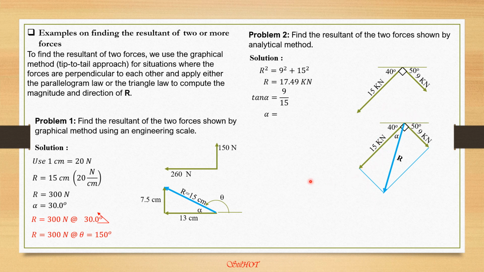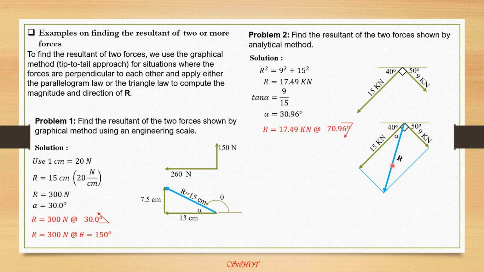So tangent alpha equals 9 over 15. So alpha equals 30.96 degrees. Therefore, the resultant is R, 17.49. And if you use this method here, we have to level the direction from the negative x-axis, and it forms an angle of 40 degrees plus alpha.